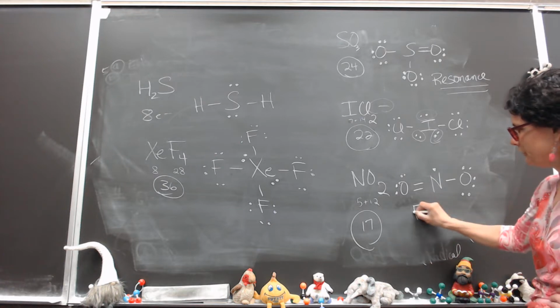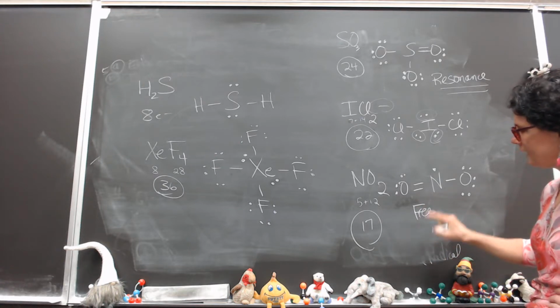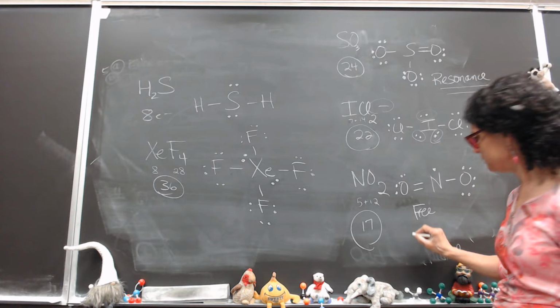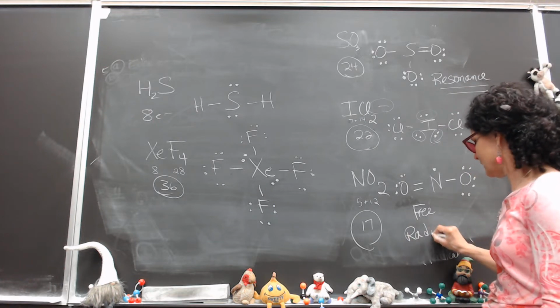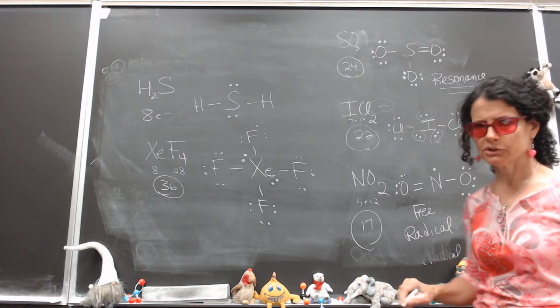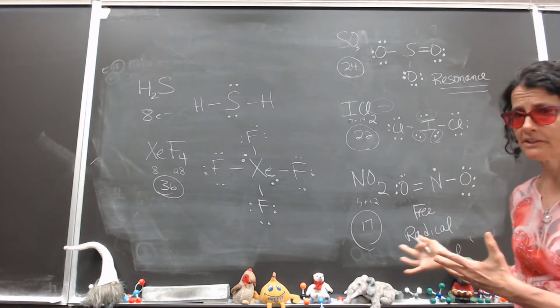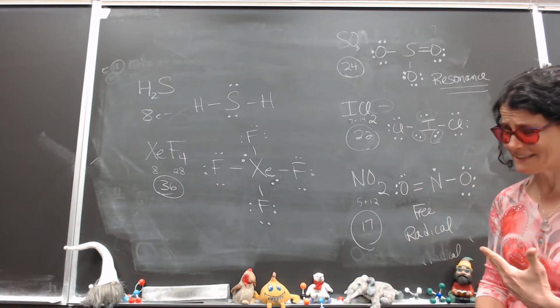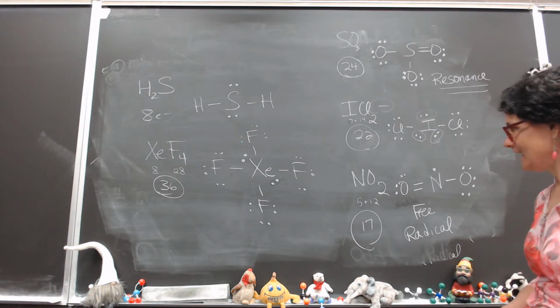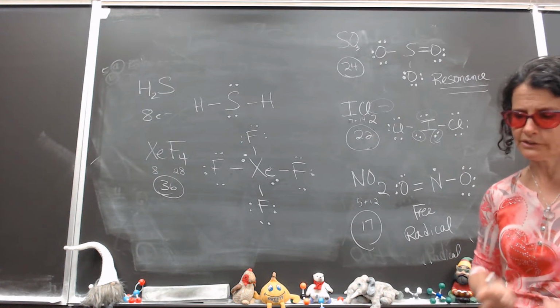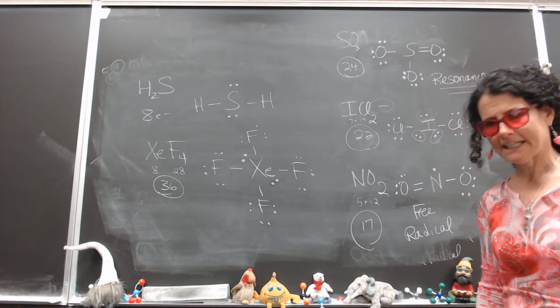This is a free radical. You cannot give it more than 7 because it's nitrogen. Carbon, nitrogen, oxygen, fluorine obey the octet rule. Except here, it can't make it to 8.